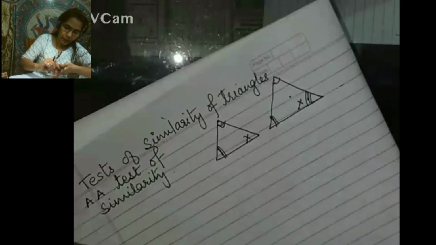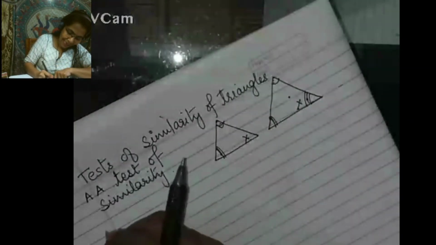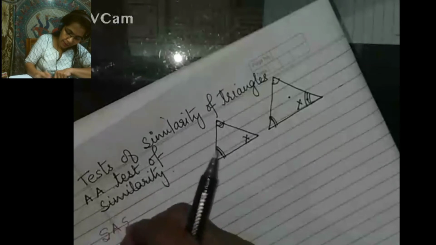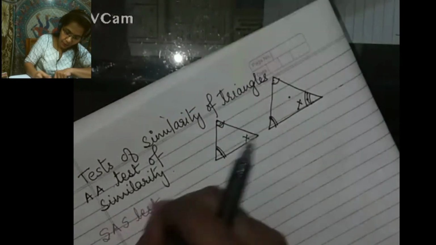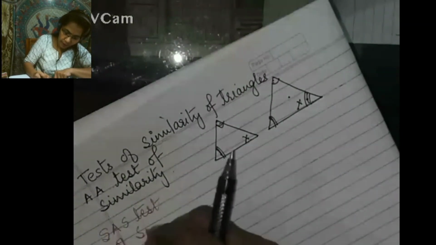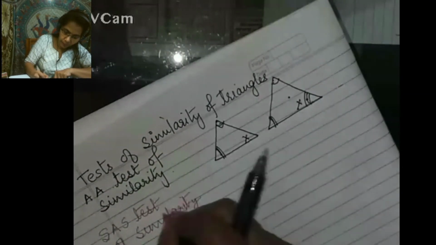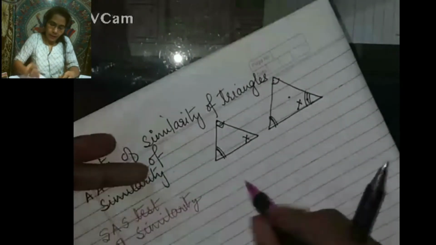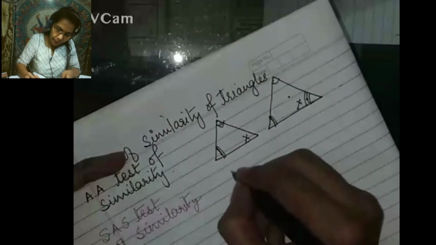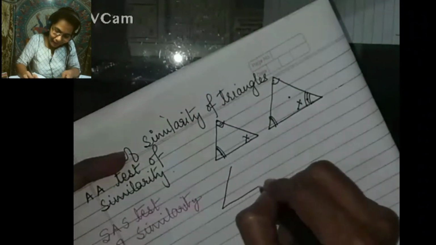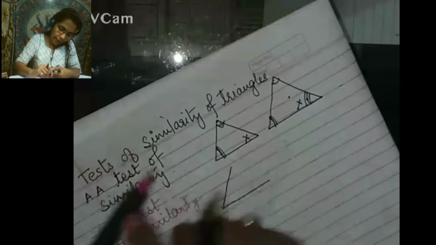Next is the SAS test of similarity. Here you have to understand the concept. It is an included angle.